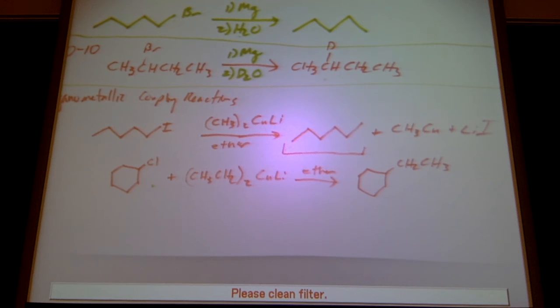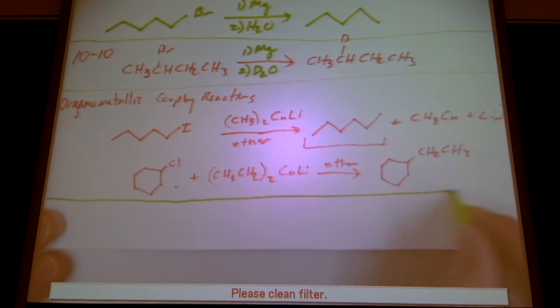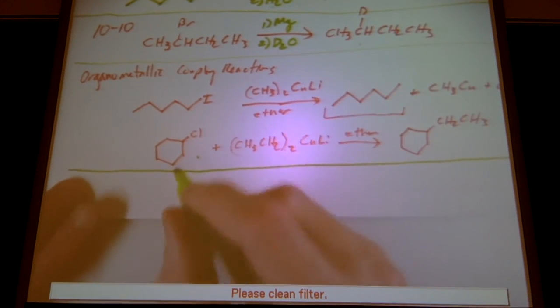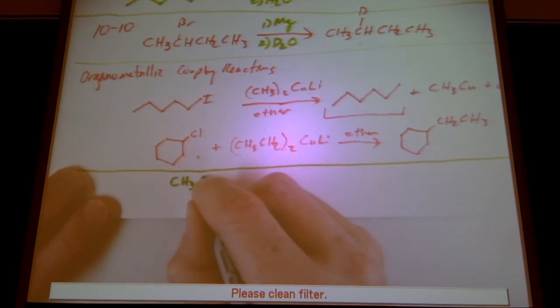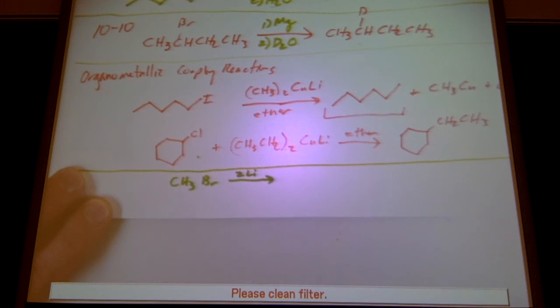The Gilman reagents can themselves be prepared from alkyl halides using lithium followed by copper(I) iodide. So you use 2 molar equivalents of lithium.